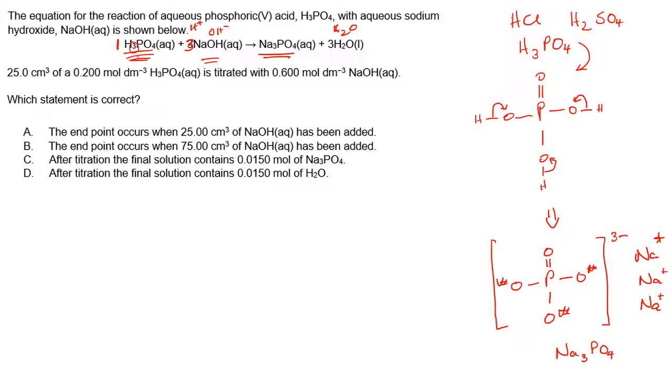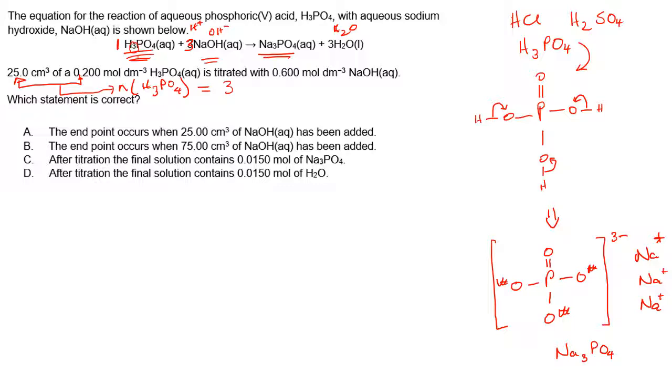Then of course you could say 1 mole of phosphoric acid reacts with 3 moles of sodium hydroxide in that ratio. You could work out the moles using the volume and the concentration of phosphoric acid, which would give you moles of phosphoric acid, and you would need 3 times that many moles of sodium hydroxide.